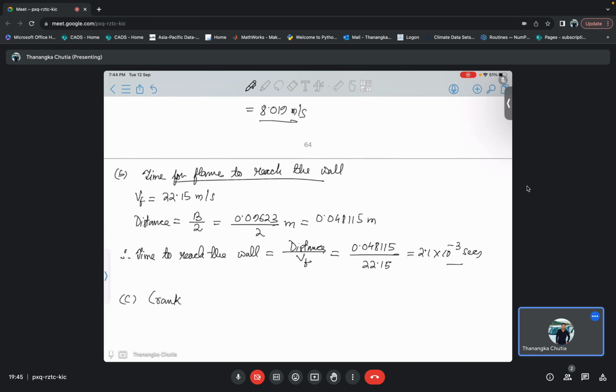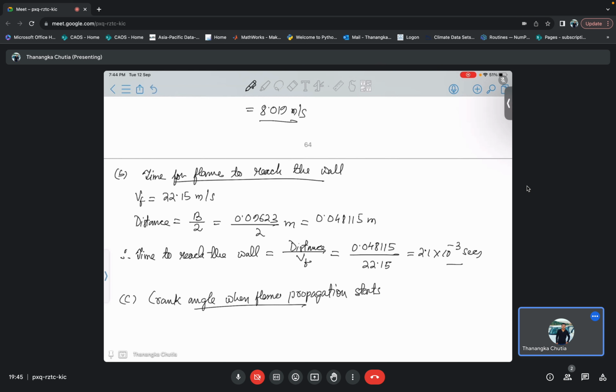Okay, crank angle when flame propagation starts.